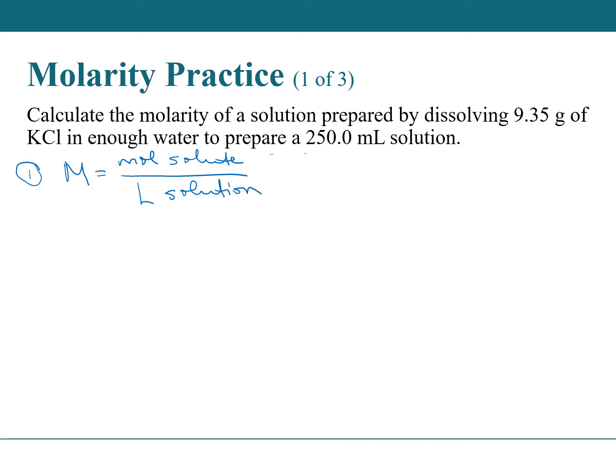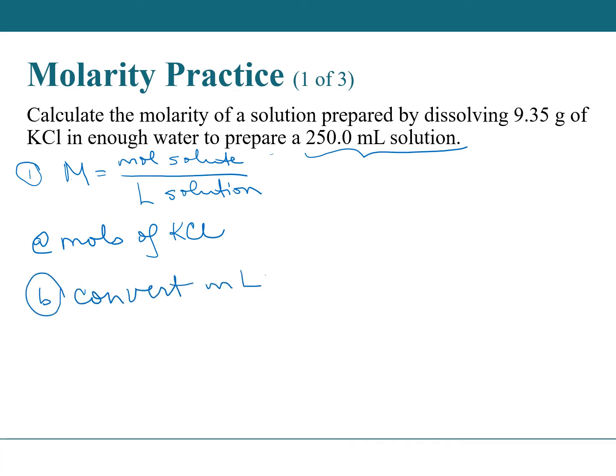Now we have the milliliters of solution, so before we can use this equation, we have to, 1, get the moles of potassium chloride, and 2, convert milliliters to liters. To get the moles of potassium chloride, we're going from mass and we want moles. So what do we need to do this conversion?